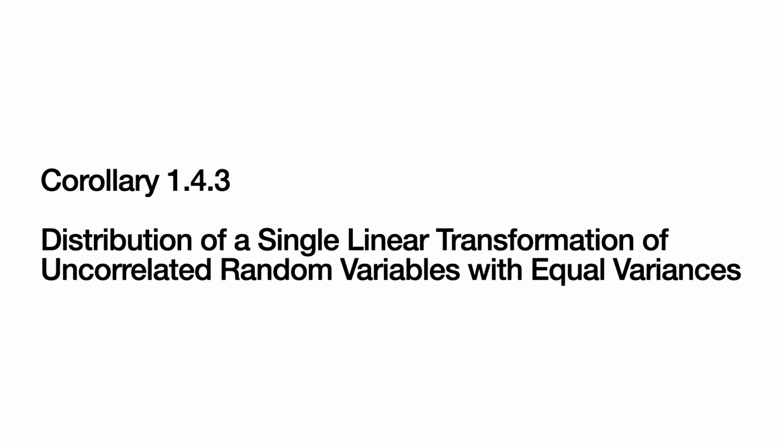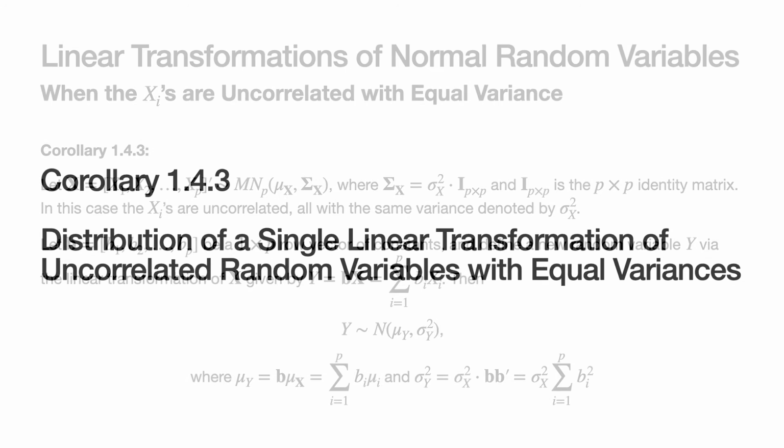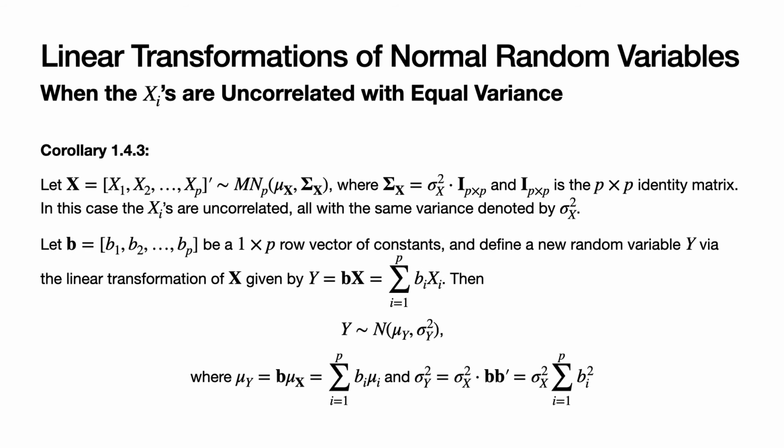And so this is Corollary 1.4.3, the distribution of a single linear transformation of uncorrelated random variables possessing equal variances. So let x be a p by 1 random vector that varies according to a multivariate normal distribution of rank p with mean vector mu sub x, covariance matrix cap sig sub x, where cap sig sub x, the covariance matrix of x, has a special structure.